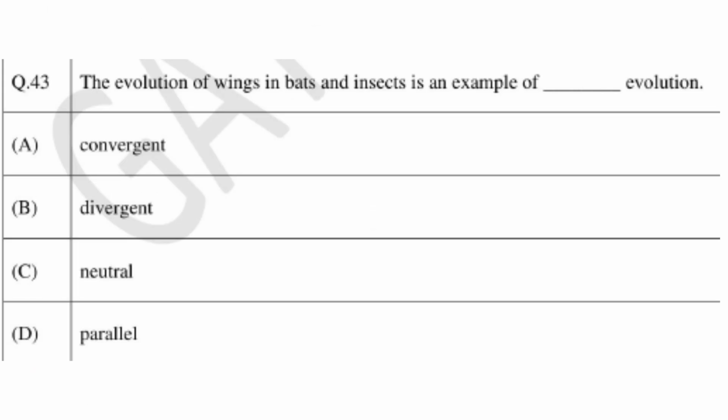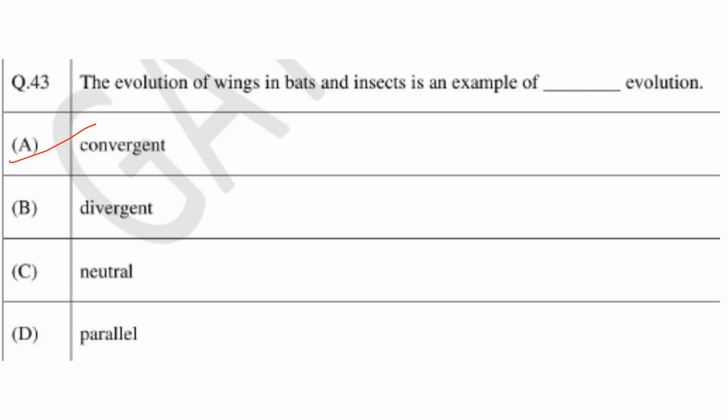Then next one. Evolution of wings in bat and insects is an example of dash evolution. So it is an example of convergent evolution, because in convergent evolution, organisms that are not closely related, that is, they have evolved from different ancestors, show similar traits.